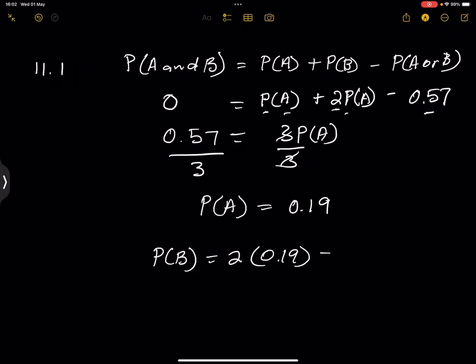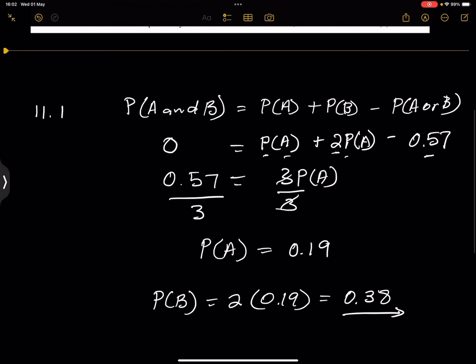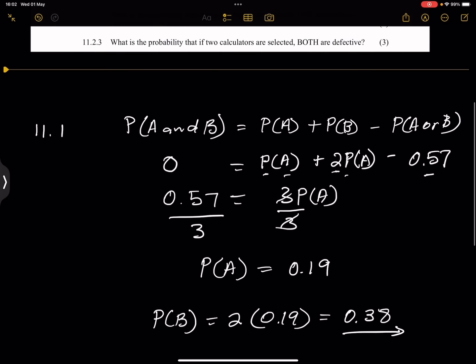And what does that give us? This would be 0.38. So that would be the probability of B. Right, that's our golden rule. That is how we are going to apply it.